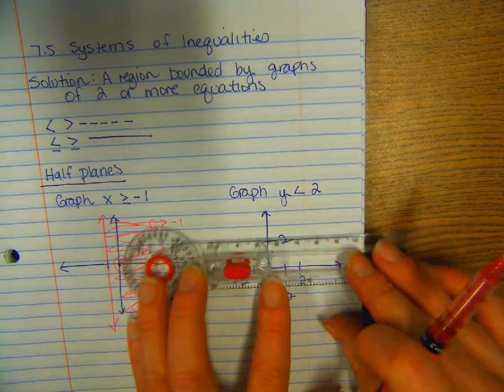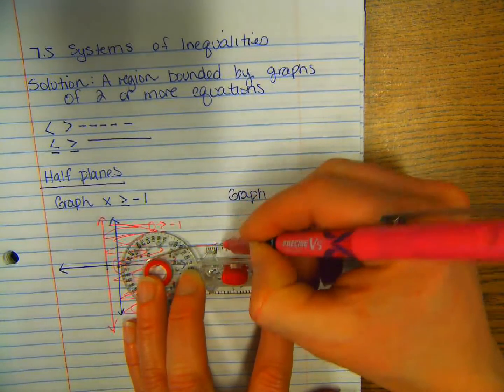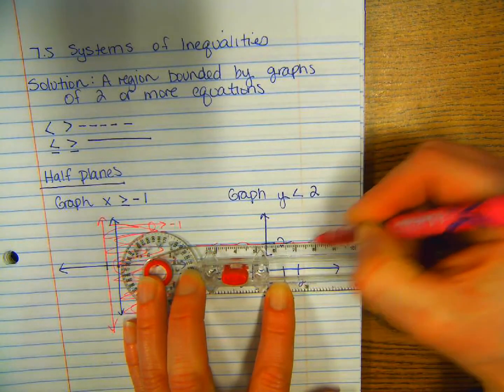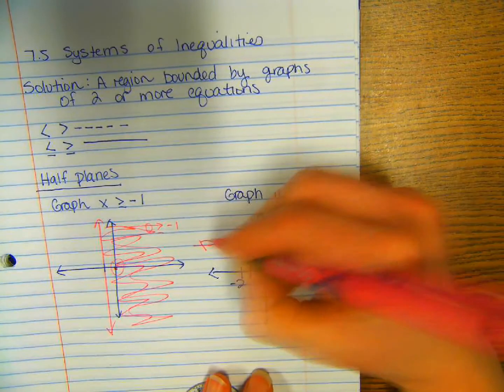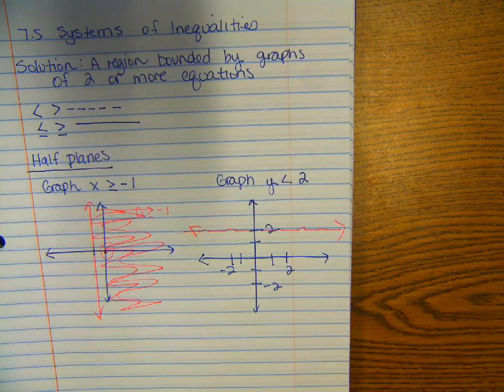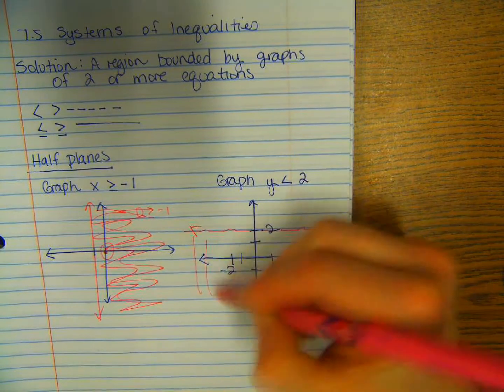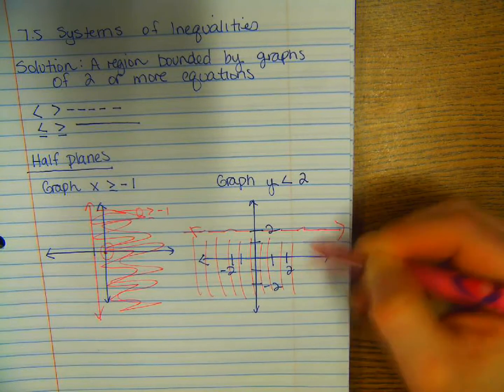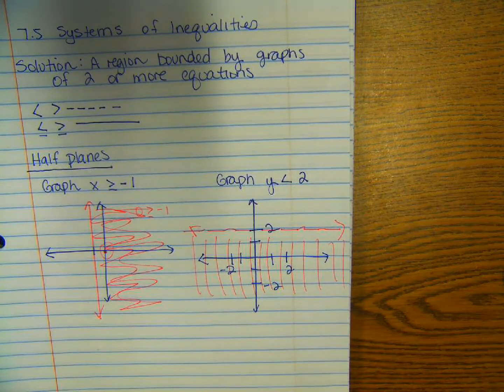That's my boundary. I am going to make it dashed. Okay, hopefully you can see that that's dashed. And then where should I shade? Below the line. Okay. Is this coming back to you?